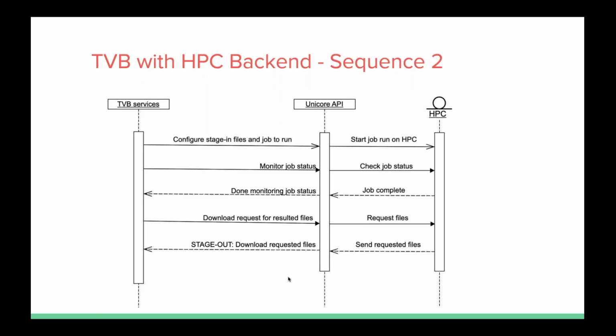So just more details about the stage in, stage out. Here we have an important rule that we keep and use the files encrypted as long as possible. Only when the job starts, they will be decrypted. The key for decryption is not kept together with the data.